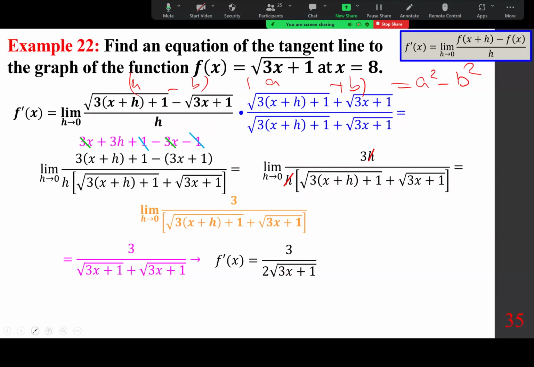If I plug in 8, I get 3 divided by 2 square root of 3 times 8 plus 1. So 3 times 8, 24 plus 1 is 25. So we have 3 over 2 times square root of 25, which is 5, and that makes it 3 over 10.